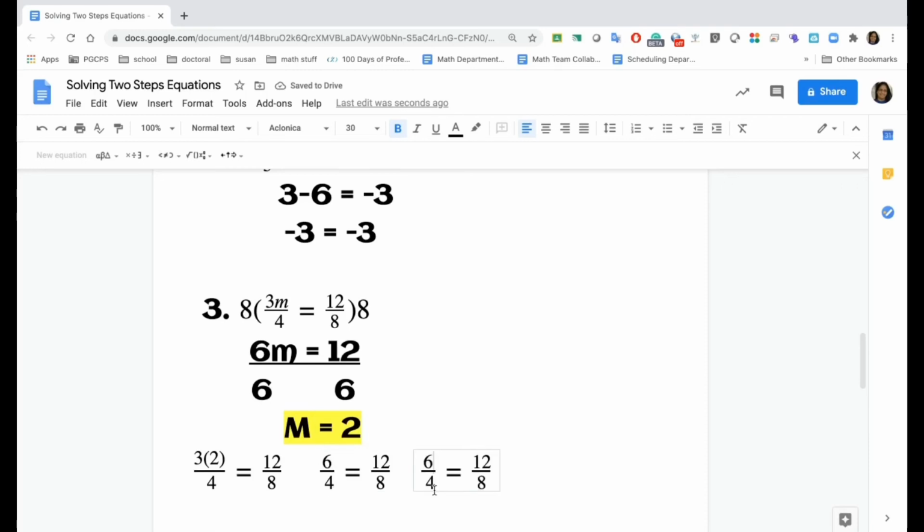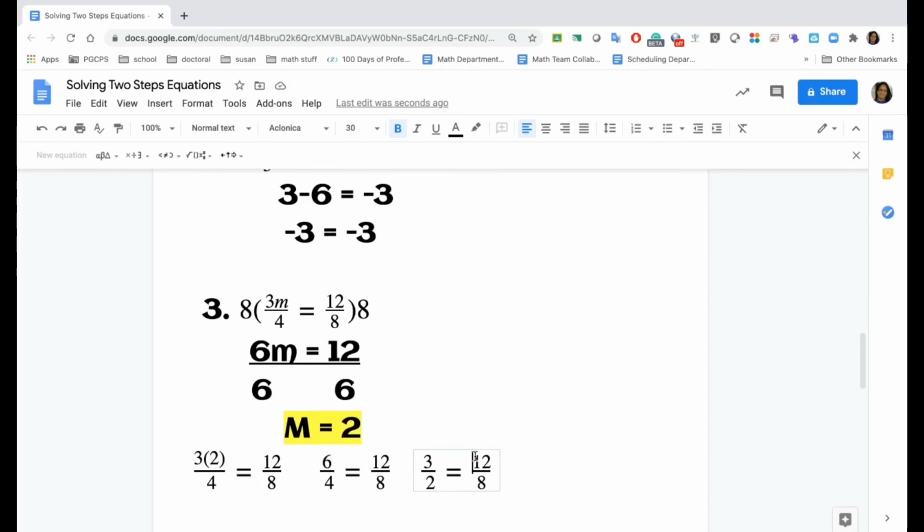6 and 4 have a common factor 2. And 12 and 8 have a common factor 4. So let's divide 6 and 4 by the common factor. 6 divided by 2 will be 3, and 4 divided by 2 will be 2. Then the common factor of 12 and 8 again is 4.